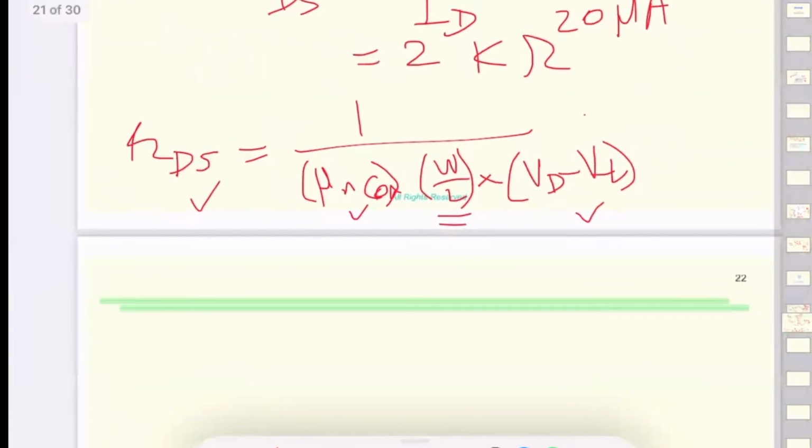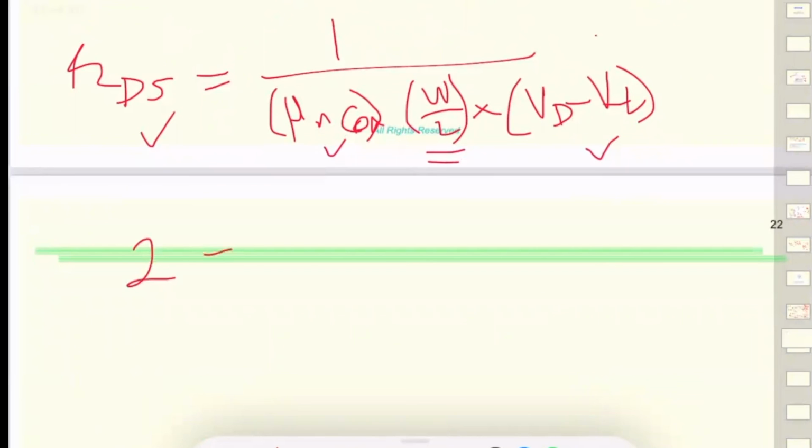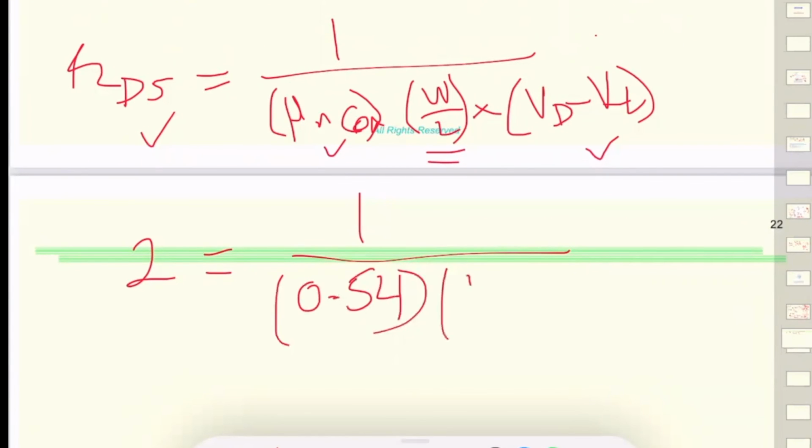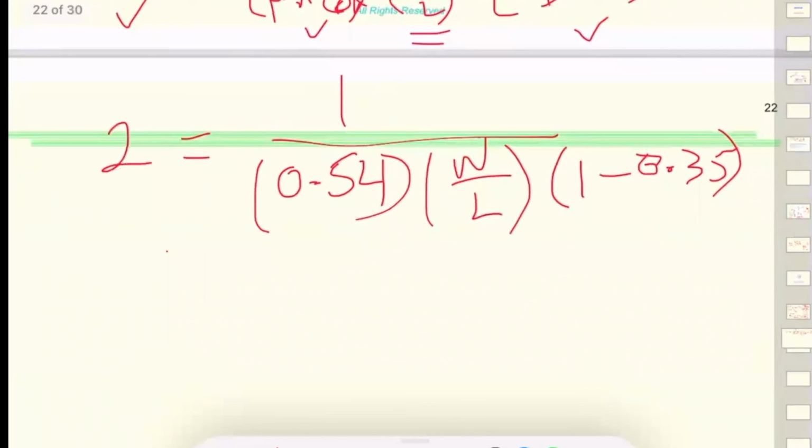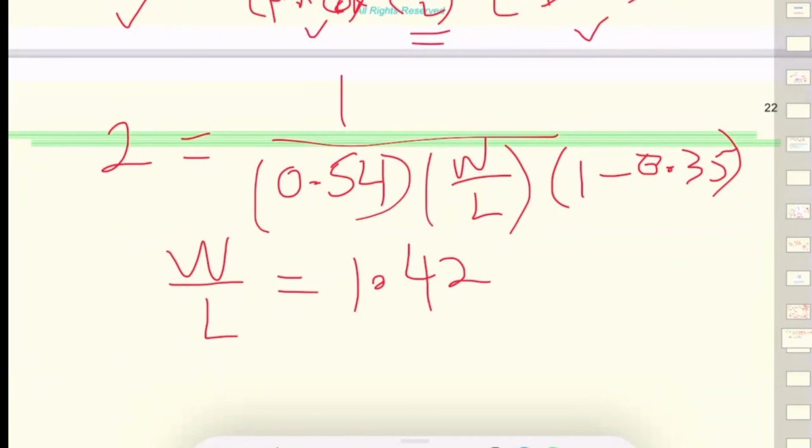So I plug in: 2 equals 1 over mu n CMOS, which is given as 0.54, W over L, which we need to find, power supply is 1, threshold voltage is given as 0.35. So I switch around things and I find my W over L is 1 to 1.42. So that's the ratio of distances, so no units.